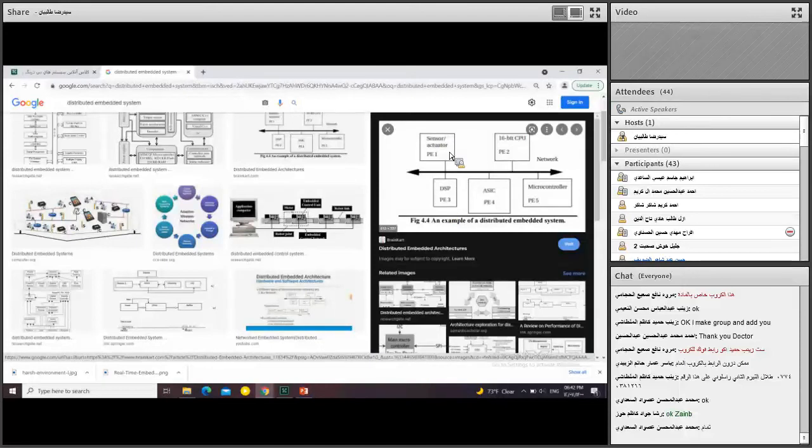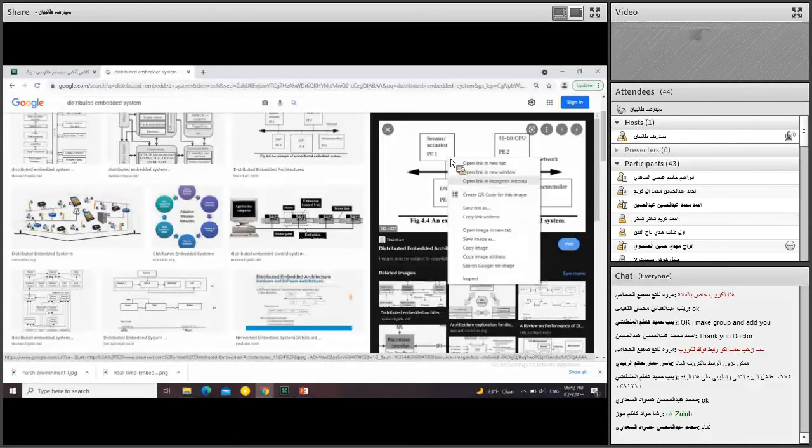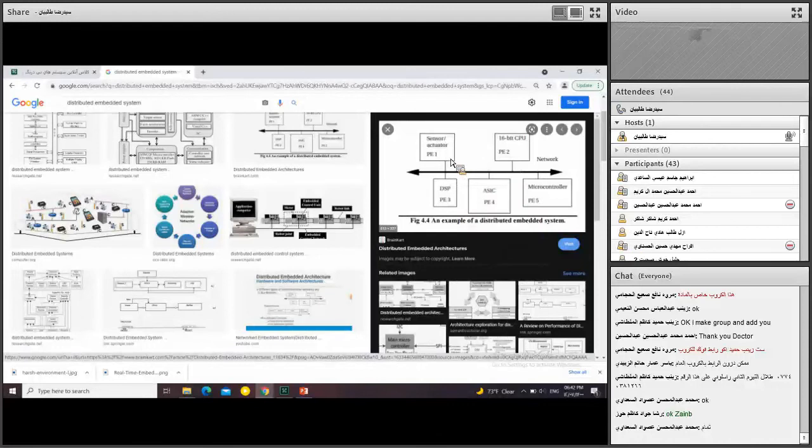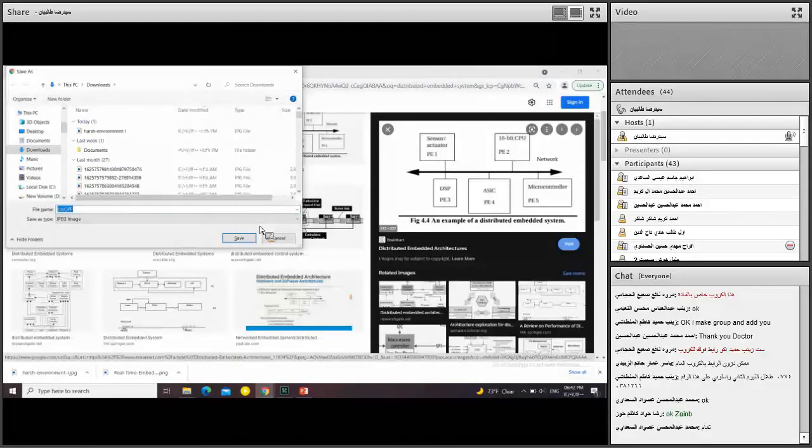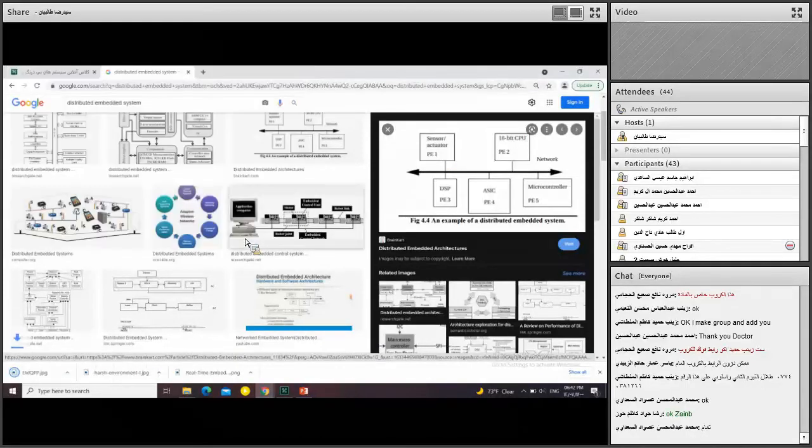And another thing, sensor and actuator. Sensor and actuator, both of them are not really processing systems, but they can prepare proper information for us. Okay, this is an example of a distributed system. Let me save it like previous images, and I will send it at the end of the class.